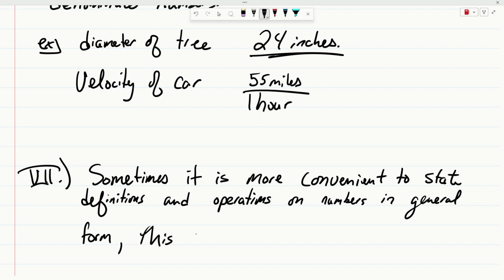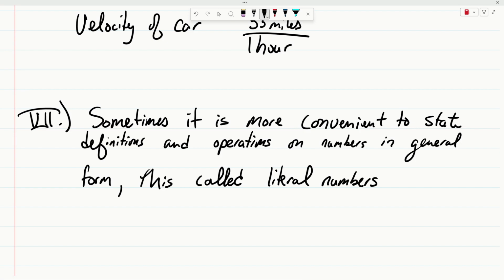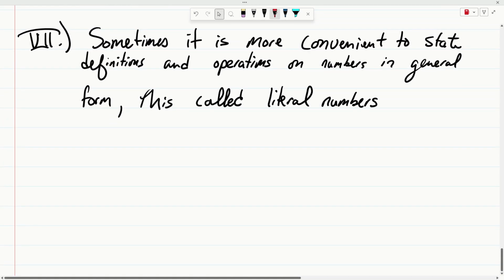This is called literal numbers. I guess in a very simplistic way, we could think of this as formulas.